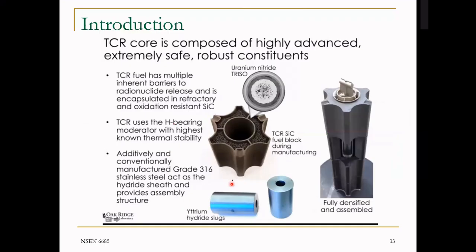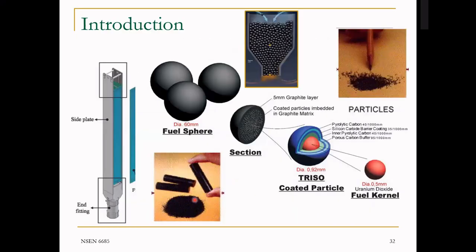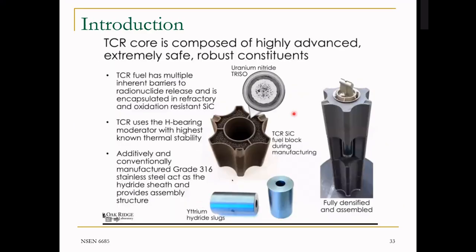One of the most interesting designs I have seen was the TCR reactor core, the Transformational Challenge Reactor, that came a few years ago from Oak Ridge National Lab. It was a conceptual reactor design. Instead of having that cylindrical shape filled with the TRISO particles, they invented a different shape and filled it with TRISO particles.